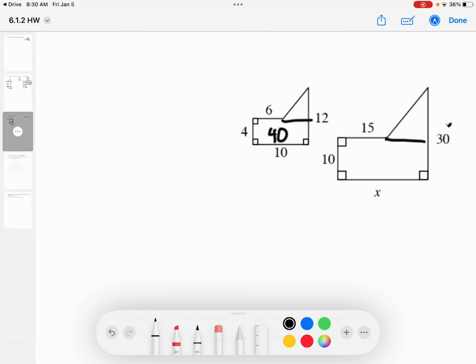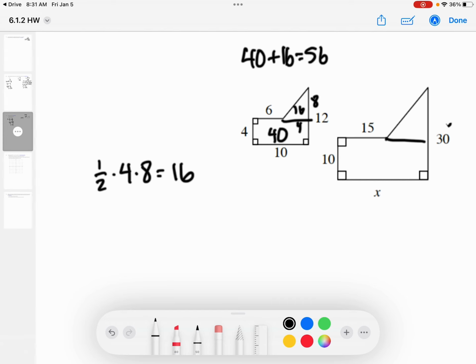Let's see, what is the base of this and the height of this triangle? If this whole thing is 10 and this small side is 6, I'm left with a 4. And if this whole thing is 12 and this side is 4, I'm left with 8. Okay, so the area of a triangle is 1/2 base times height, which is going to give me 16. So this area is 40 plus 16, which is 56.